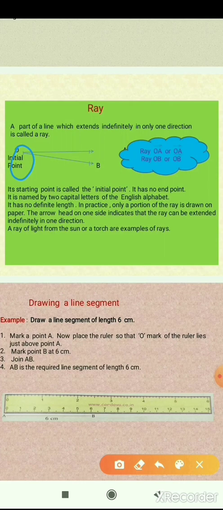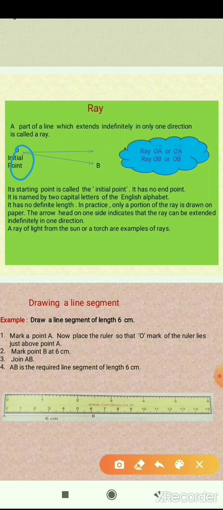A ray of light from the sun or a torch. When in the dark you switch on a torch, if you observe its ray, the torch is its initial point and the light extends indefinitely. These are examples of a ray.